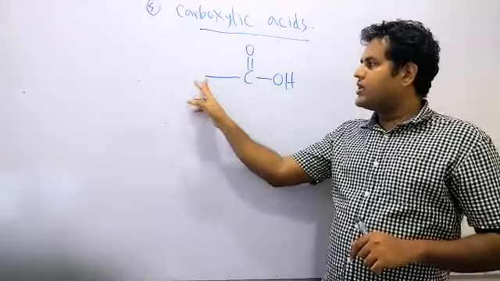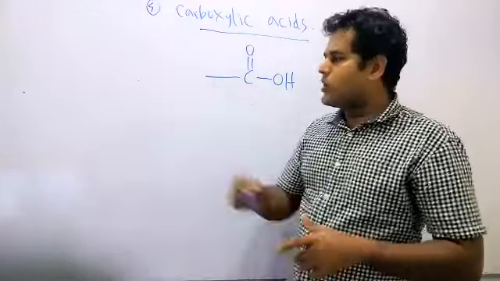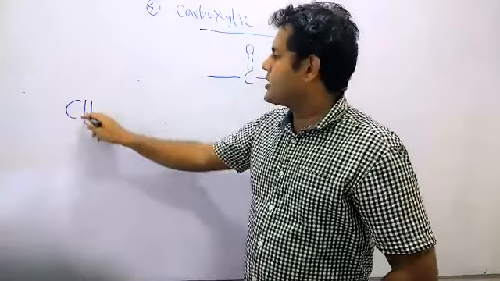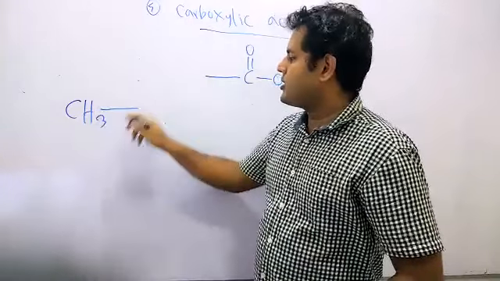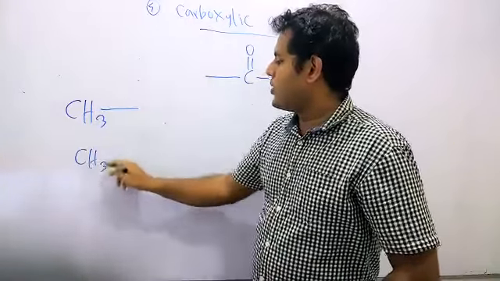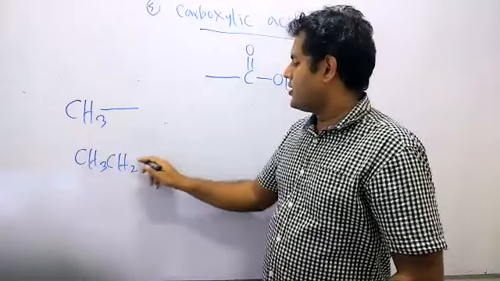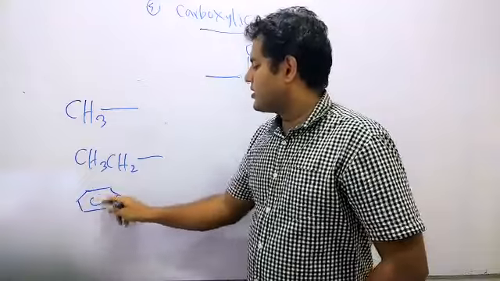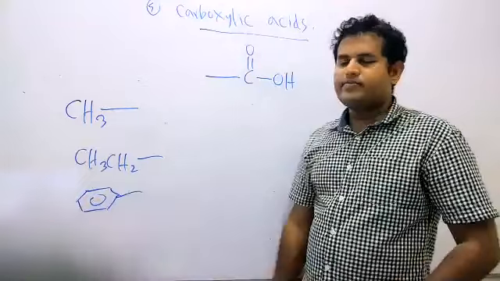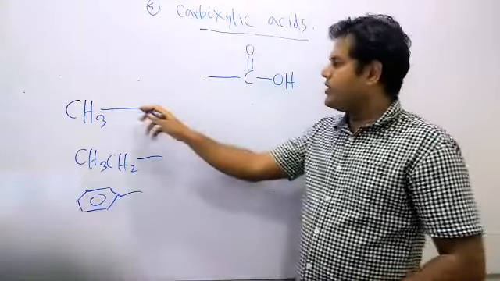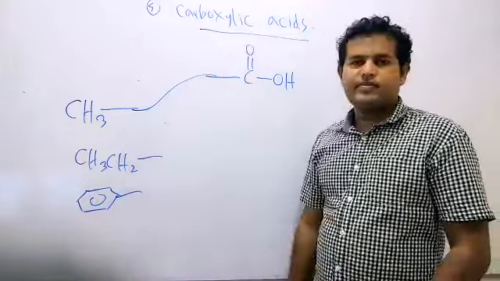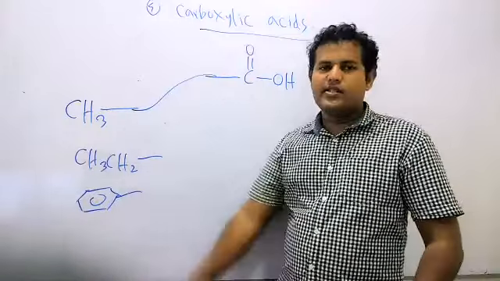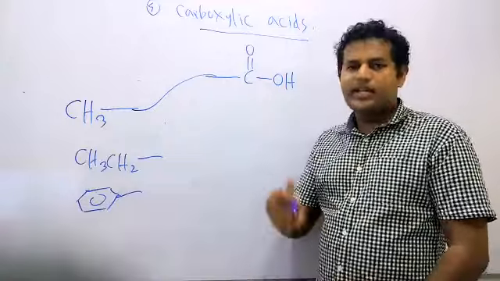This dash should be connected with some sort of alkyl group like CH3 dash, and CH3CH2 dash, or benzene dash. So what compounds can you derive? If you don't draw this many large bonds, we are writing it very shortly, but I'm explaining the concept.